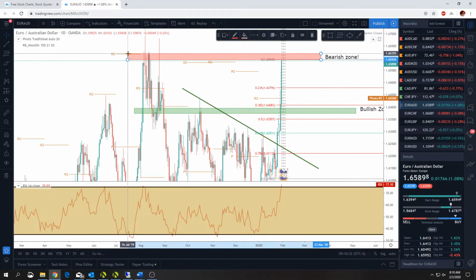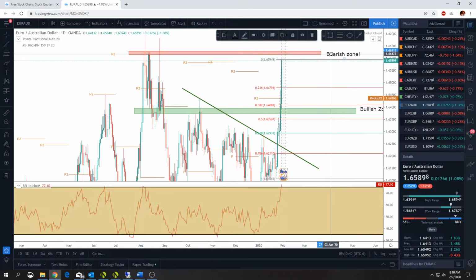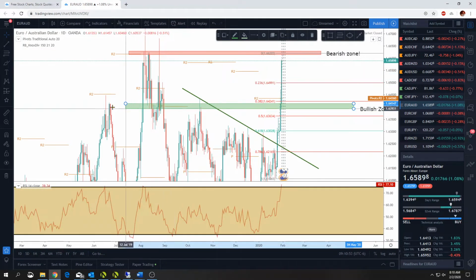This is a good spot to be bearish in this area right here where we've had some turnaround. So looks like we're going to get a little bit more movement up, and we're going to be looking at this zone for possible former resistance, new support.